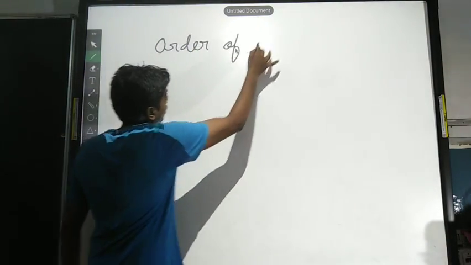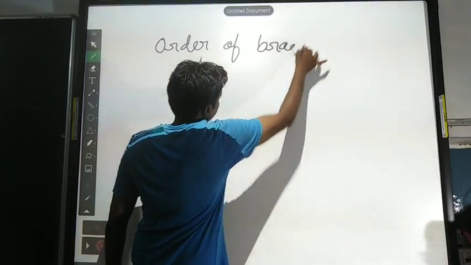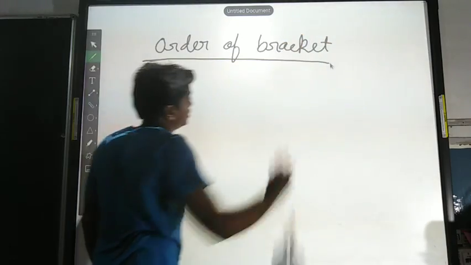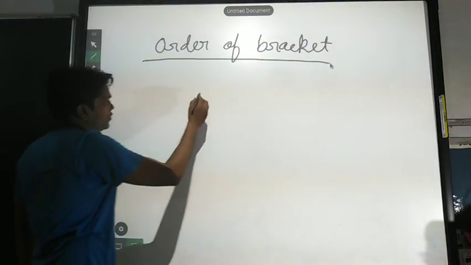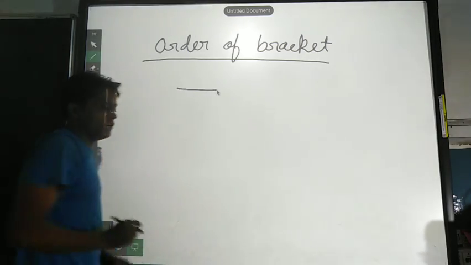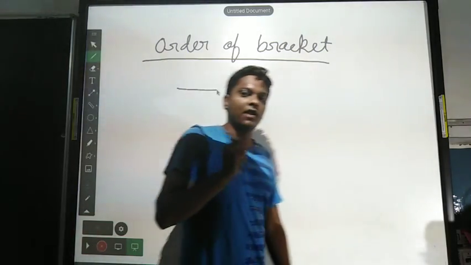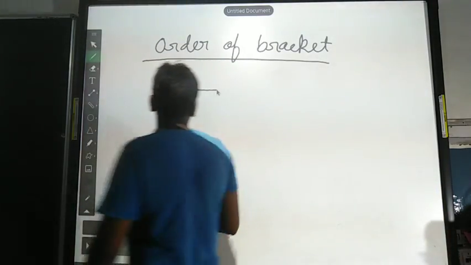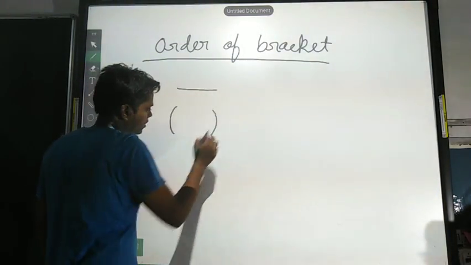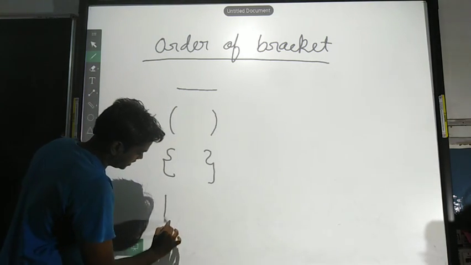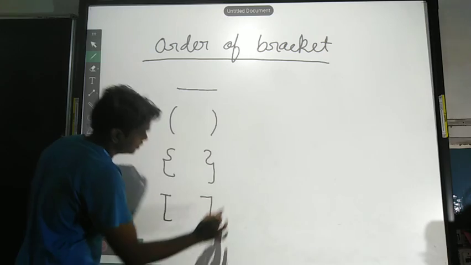Order of bracket. First of all, the smallest one which will be solved at the very first time is the bar bracket. After that the small, then the curly, and after that the large.